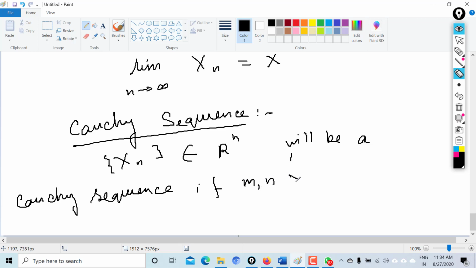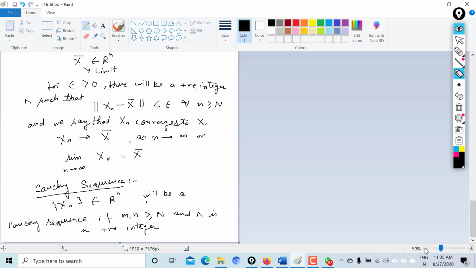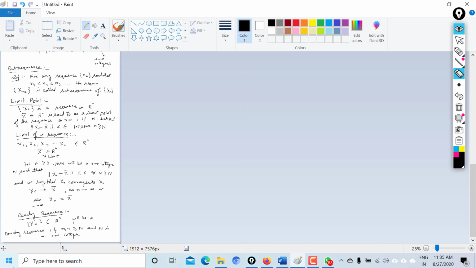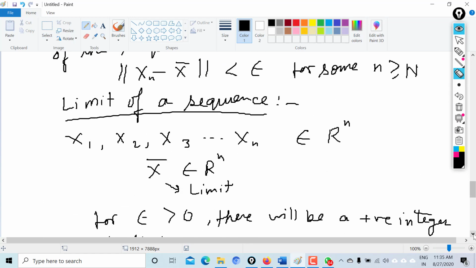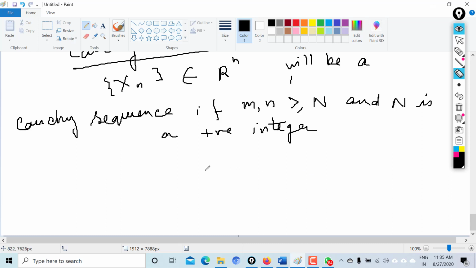m and n are greater than or equal to N, and N is a positive integer. In that case we can write the norm of x_m minus x_n is less than or equal to epsilon.